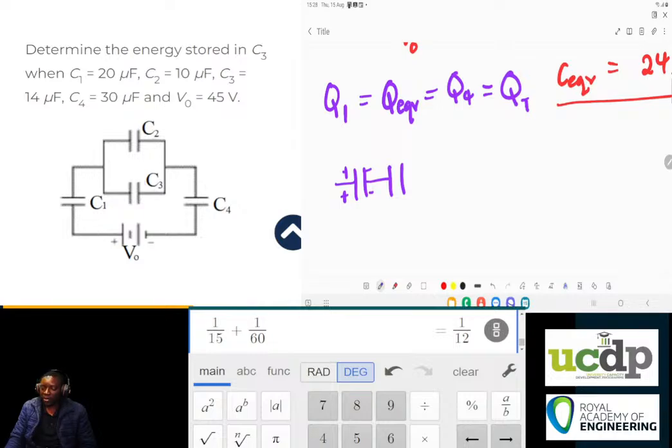When we connect the second one, C2, we induce a positive charge here, and also a negative charge there.